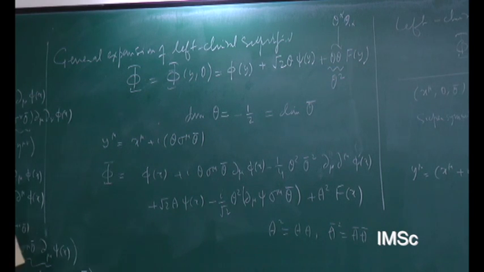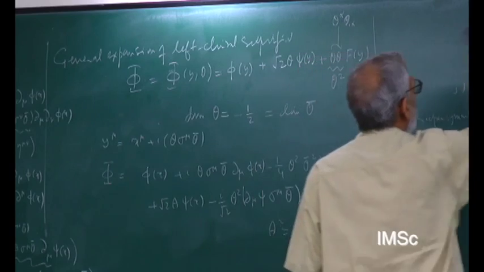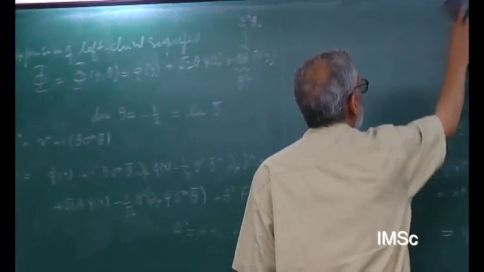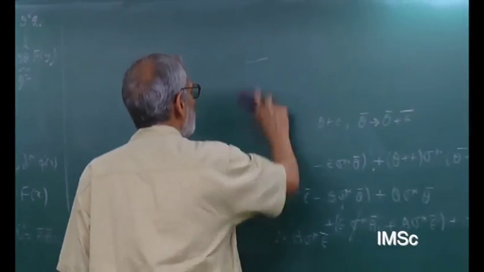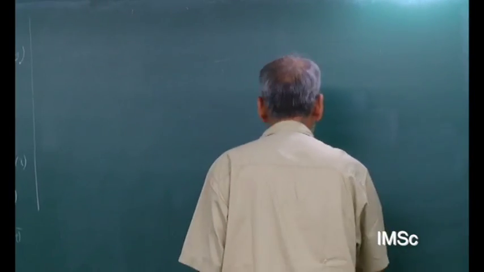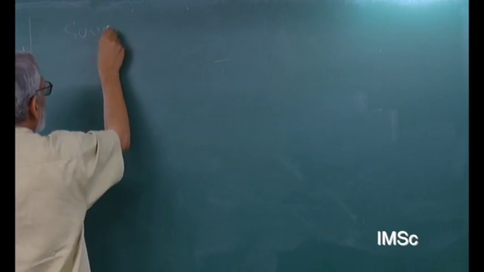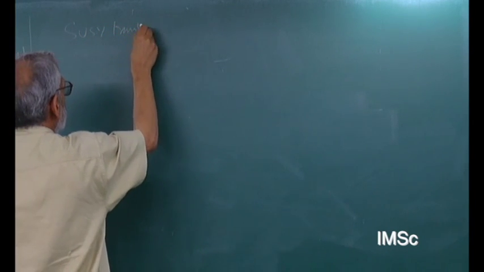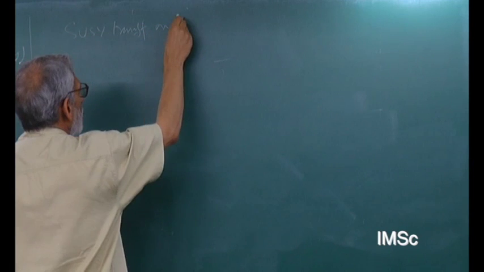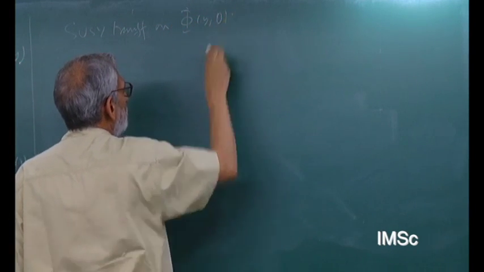Now let's ask the question about what happens to this left chiral field under supersymmetry transformations. SUSY transformations on phi of y, theta.